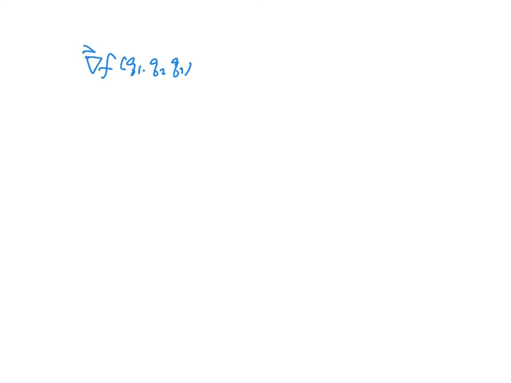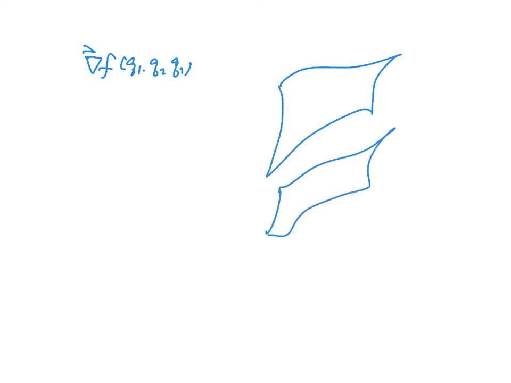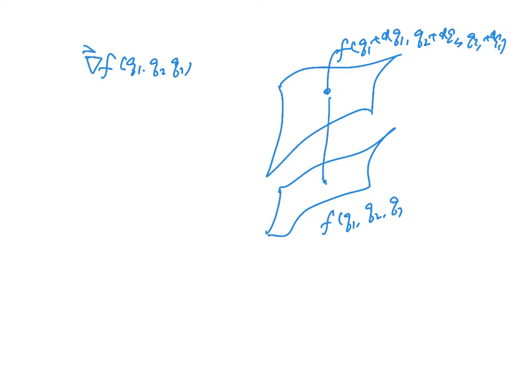So if there is this f of q1 plus dq1, q2 plus dq2, q3 plus dq3, say this is f of q1, q2, q3, then the change of function as a change of coordinates, you have to consider the distance between two surfaces.